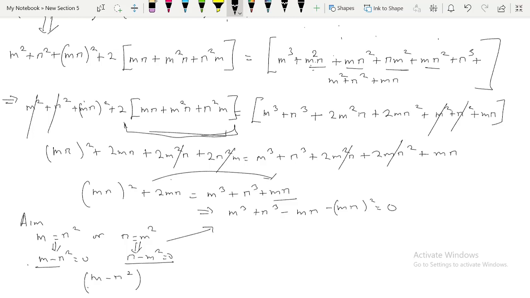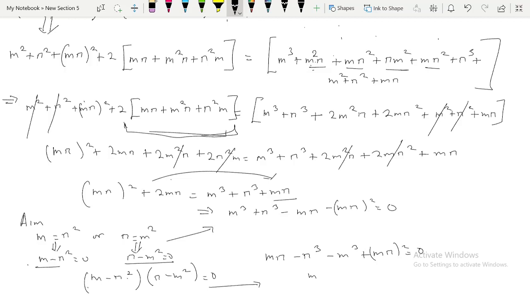So n minus n square times n minus m square equals to 0 too, right? If I expand this, I'll have mn minus n cube minus m cube plus m square n square, which is mn all square, equals to 0.